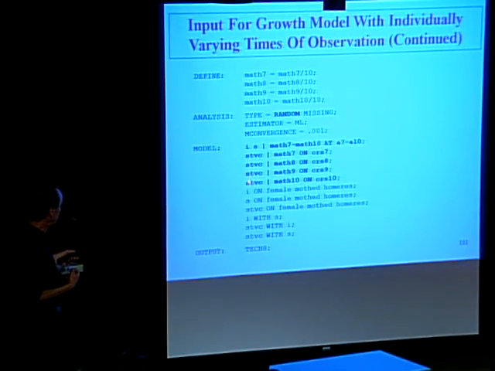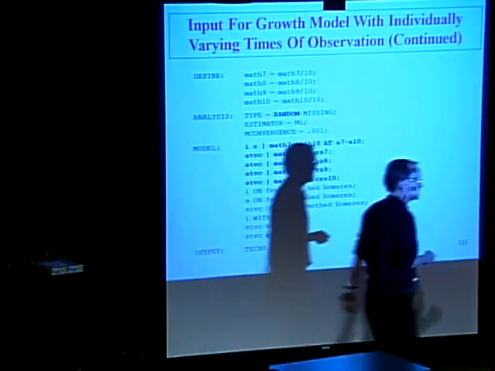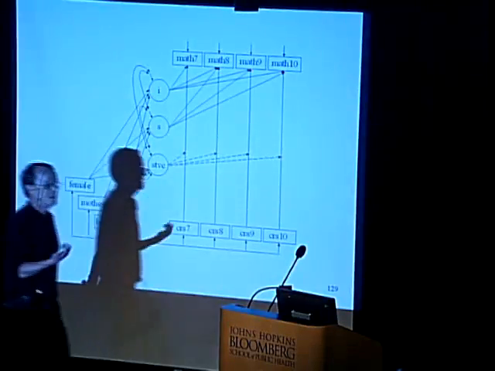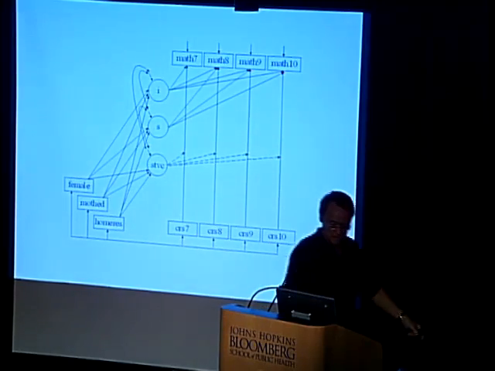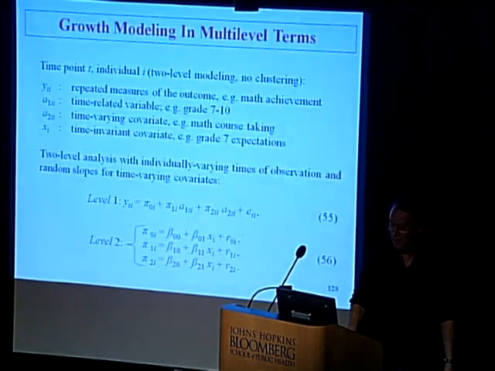And we're going to define that STVC for each of the 4 time points. And in this case, you see that we're using the same STVC for all 4 time points. We could have used STVC 1, 2, 3, 4.